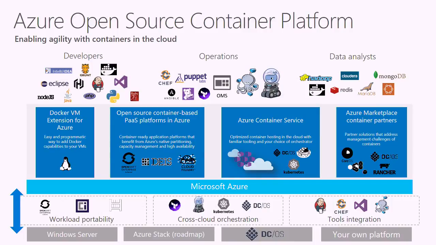We have support for open source container-based systems, so things like Deis or OpenShift from Red Hat that support Docker, and Cloud Foundry. We've also got Azure Container Service, which is your choice of open source orchestrator, whether it's Mesosphere DC/OS, Kubernetes, or Docker Swarm. We're not doing anything custom to those orchestrators.